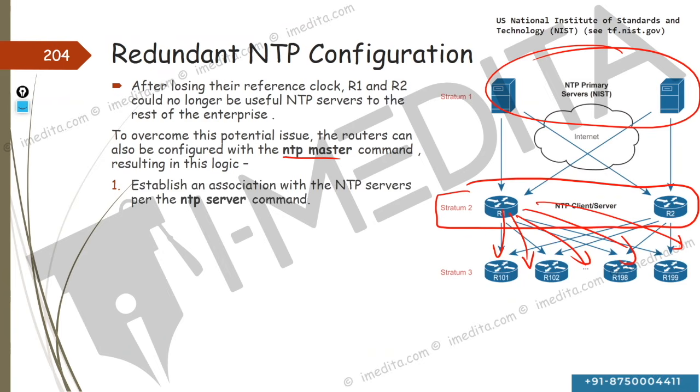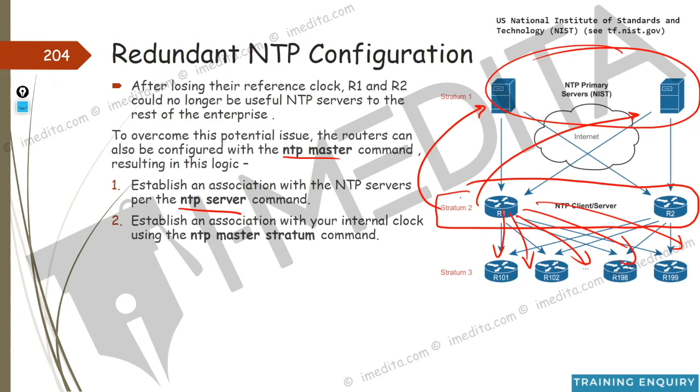So in R1 and R2, we are going to configure an NTP server command with which we'll be referencing these public NTP servers. And apart from this, we will put another command in R1 and R2, which is NTP master and a Stratum number.